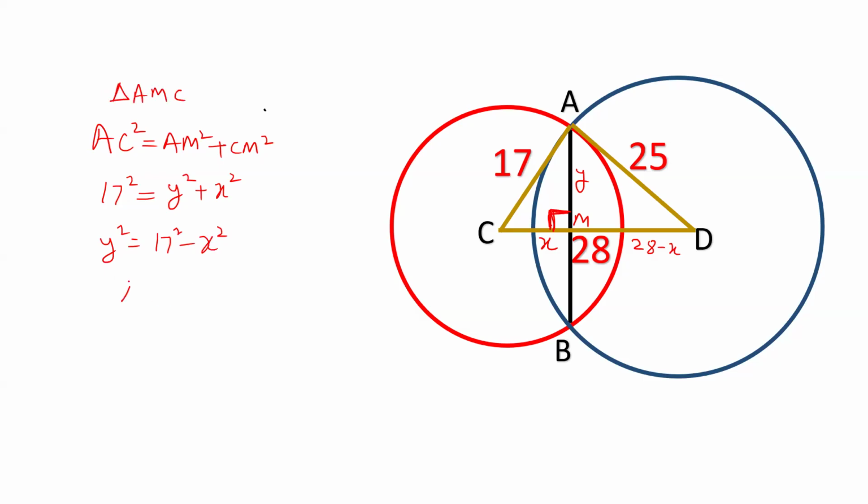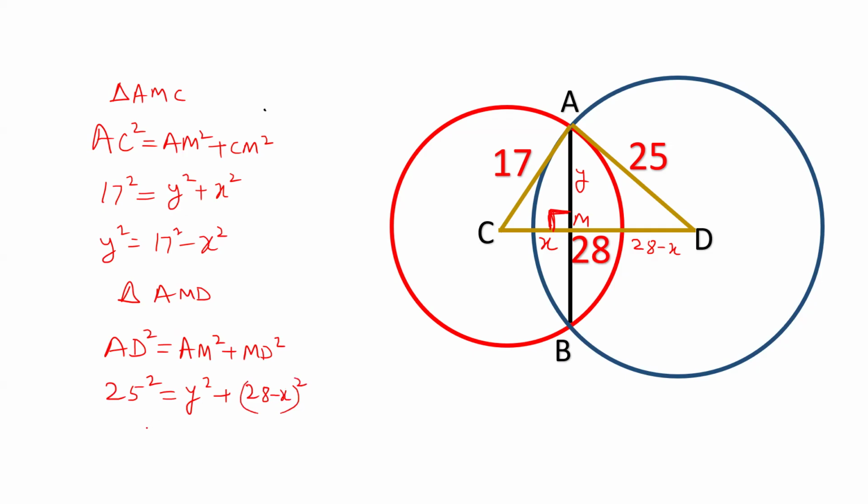Now similarly, we can take triangle AMD. In triangle AMD, AD square equals AM square plus MD square. AD is 25, AM is y, and MD is 28 minus x.